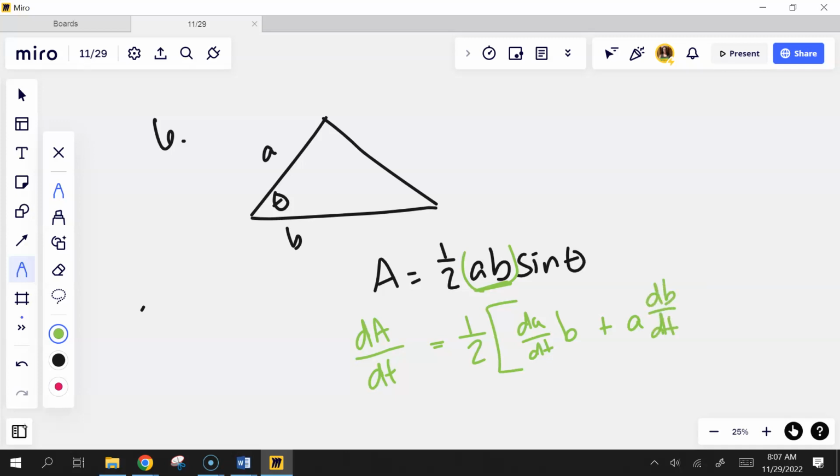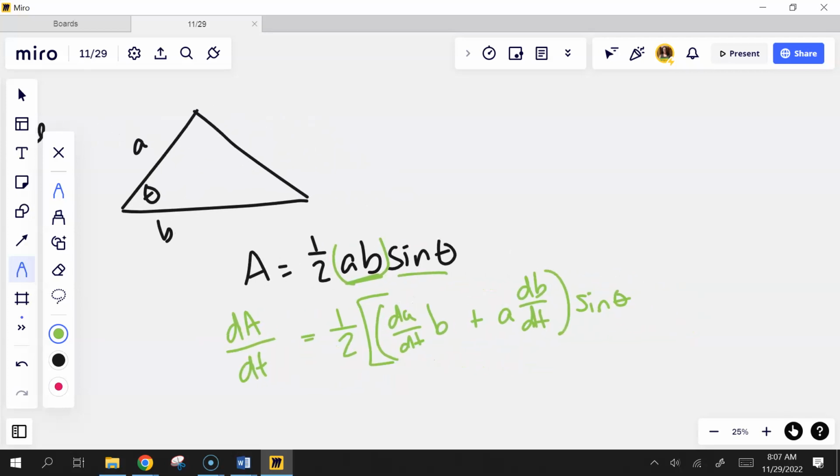All that's derivative of the first times the second, plus the first, which we said was AB altogether, times derivative of the second. What's derivative of sine? Cosine, but you got to chain it. Theta/dt.